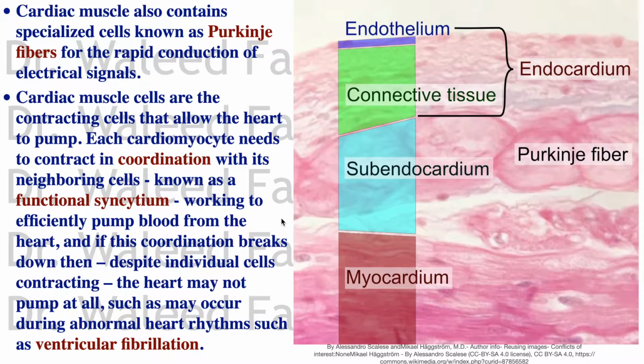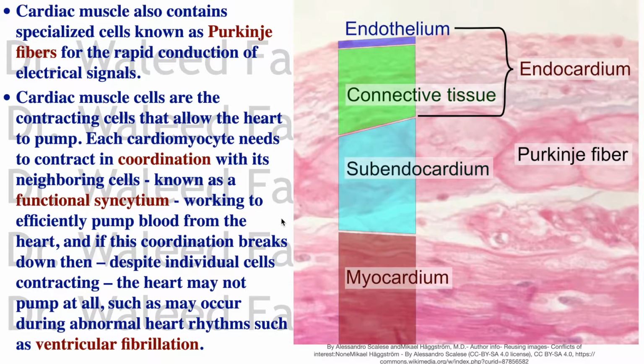For efficient contraction to happen, each cardiomyocyte needs to contract in coordination with its neighboring cells. This is known as functional syncytium. It works in an efficient way to pump blood from the heart, and if this coordination breaks down, despite individual cells contracting, the heart may not pump at all.